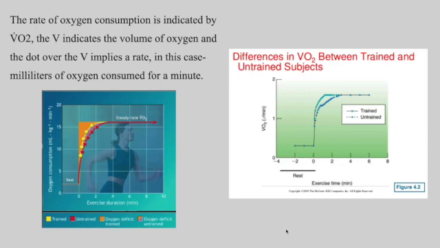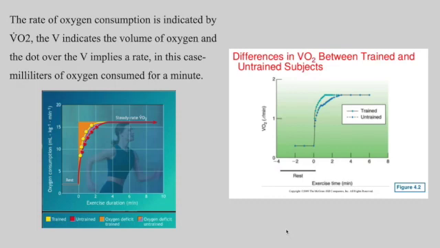The rate of oxygen consumption is indicated by VO2. The V over here indicates the volume of oxygen, and the dot over the V implies a rate, which in this case is milliliters of oxygen, basically the milliliters of oxygen consumed per minute.